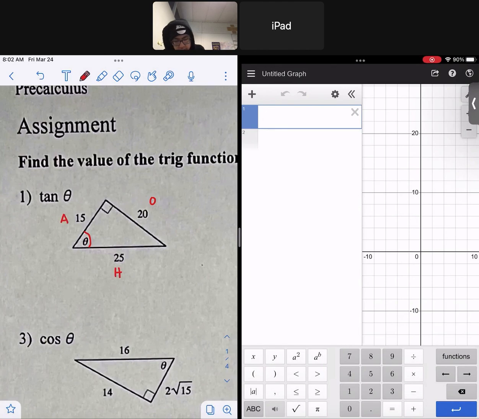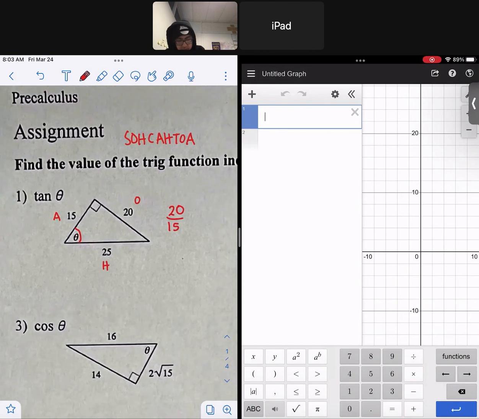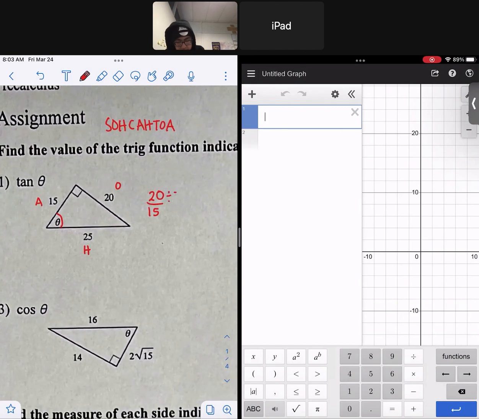Please remember the nice SOHCAHTOA, which will help us find what we need. Because it's tangent we're finding, that's opposite over adjacent. So that's going to be 20 over 15, which simplifies by dividing top and bottom by 5 to be 4 over 3.